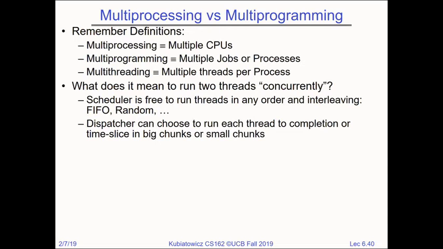And here are some definitions that you may or may not remember. Multiprocessing means there's more than one CPU, so there are multiple things actually happening at once. Multiprogramming is when there are multiple jobs or processes going together. Multi-threading is when there are multiple threads per process.